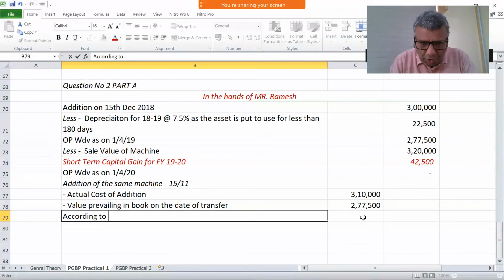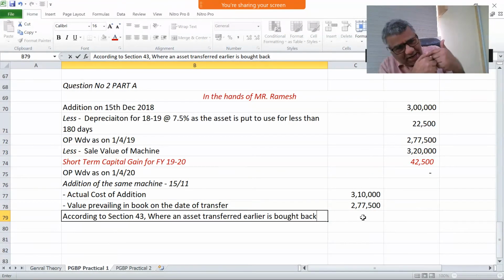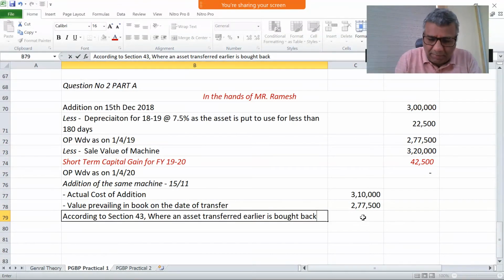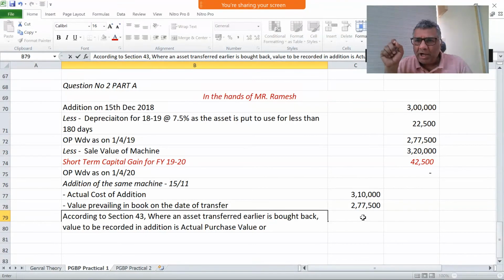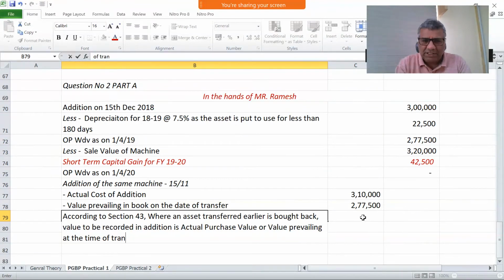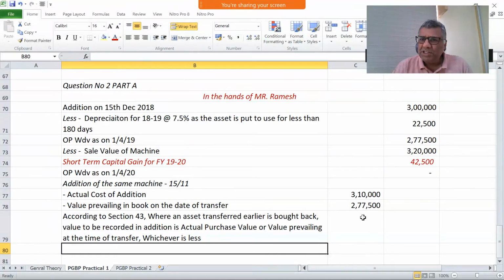According to section 43, when an asset transferred earlier is bought back, the asset which I had, which I sold and am again purchasing back, the value to be recorded in addition is the actual purchase value or the value prevailing at the time of transfer, whichever is less.